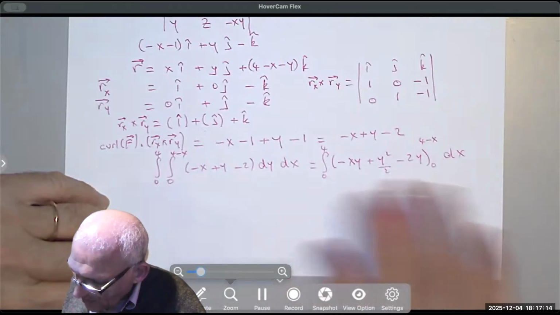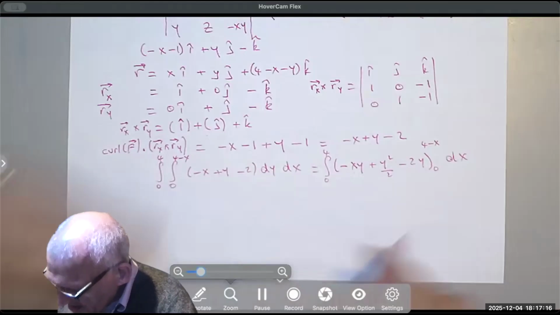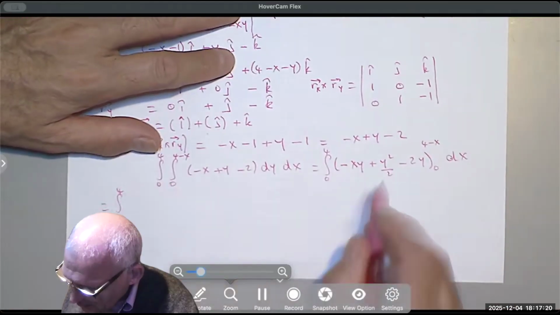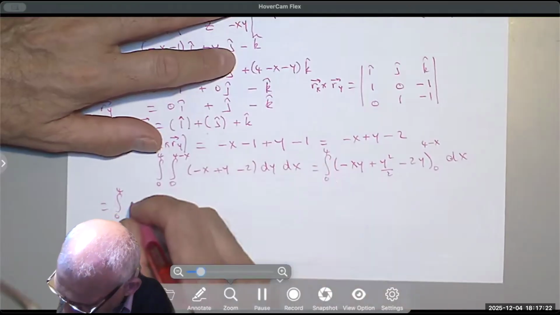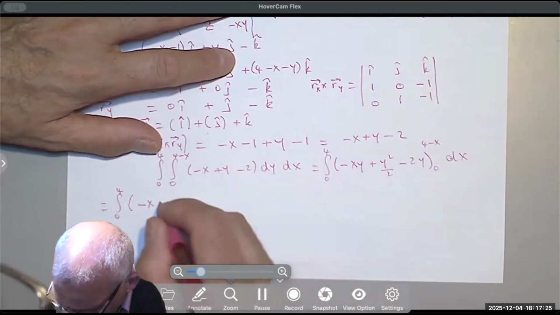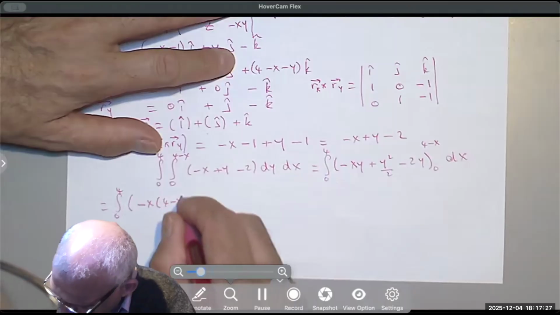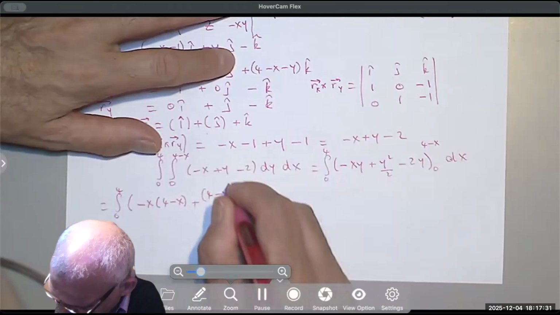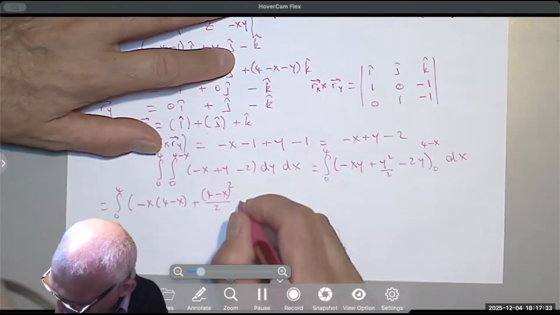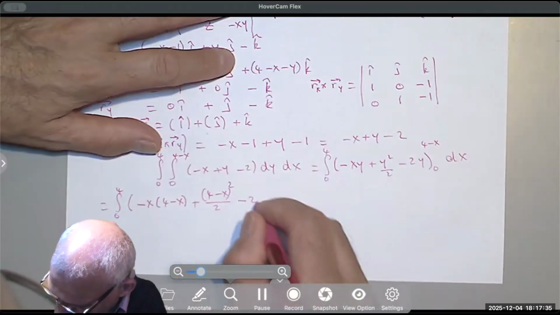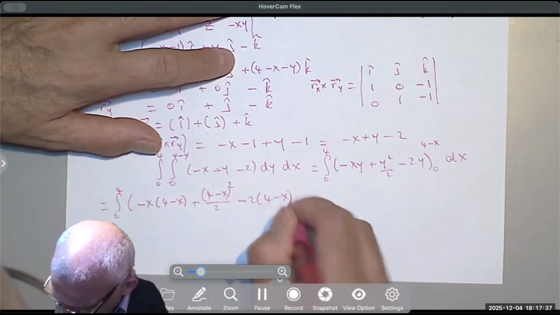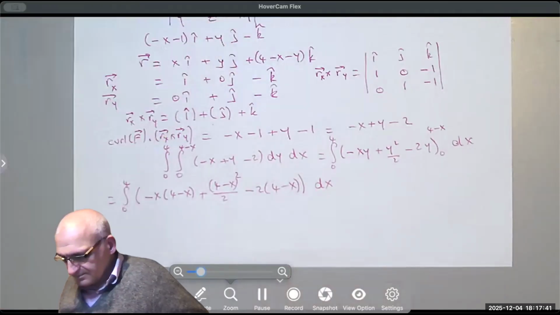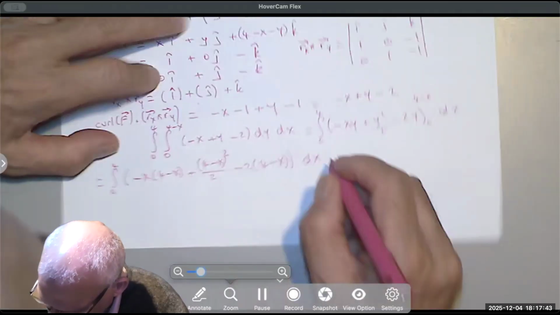I don't care about the 0 because that would give me 0. So what I will get is the integral from 0 to 4 of negative x times (4 minus x) plus (4 minus x) squared over 2 minus 2 times (4 minus x) dx. So let's simplify.